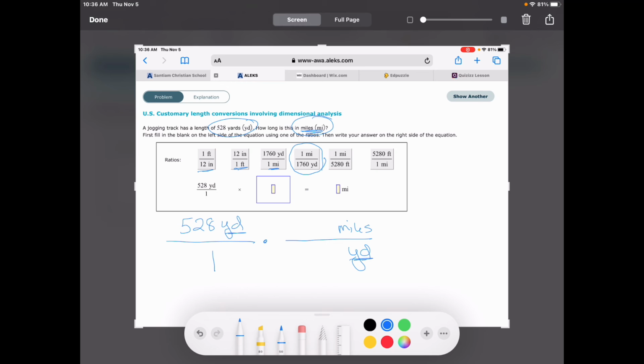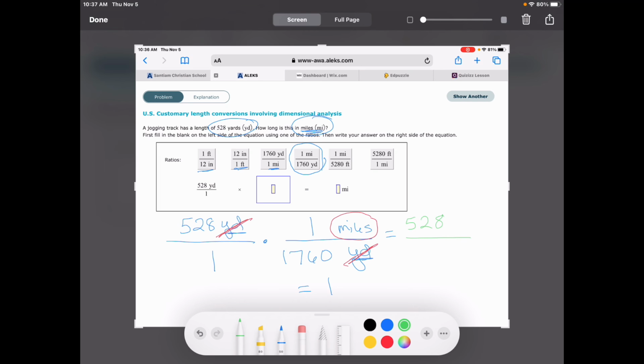I'm going to put 1,760 yards in 1 mile. That just equals 1, so I'm allowed to do that. And notice what happens. Yards is on the top, yards is on the bottom, so I get to cancel those. I have miles left over. That was exactly my objective. And now I just do the math from the fractions. On the top, I'm going to have 528 times 1.